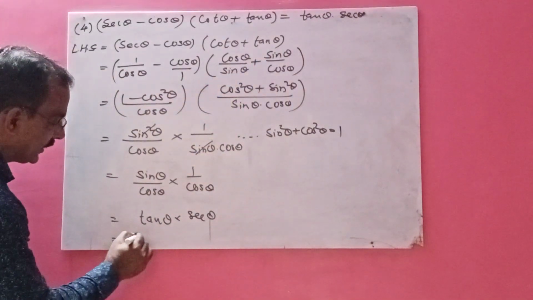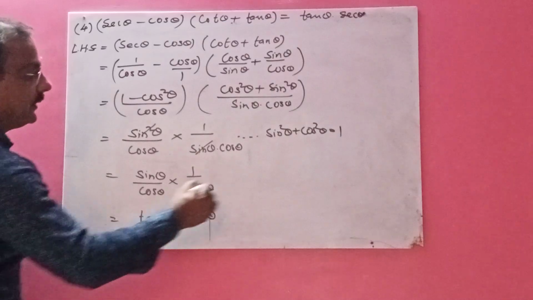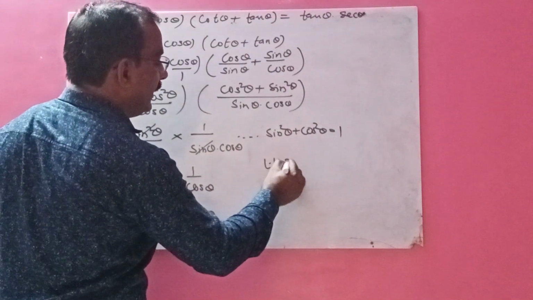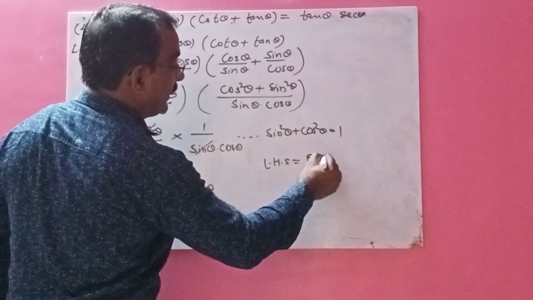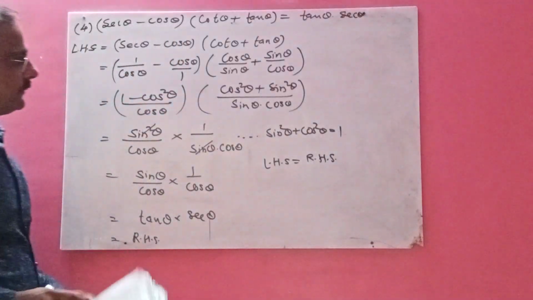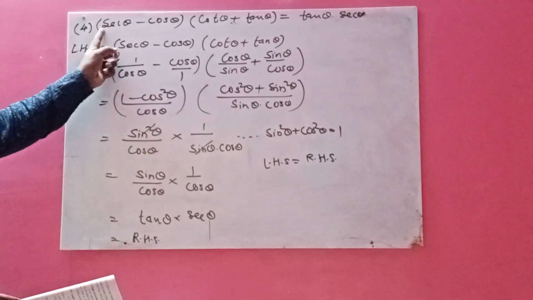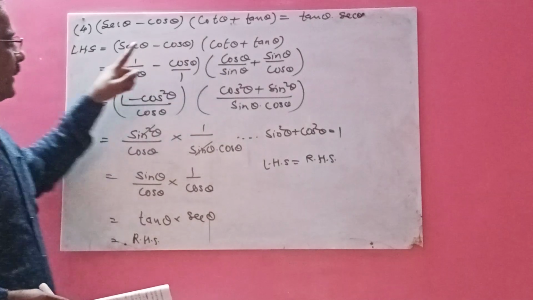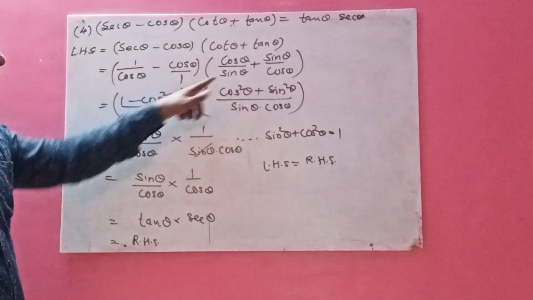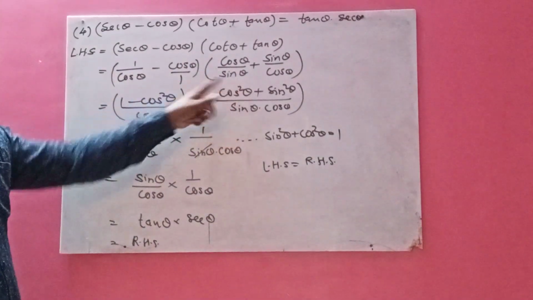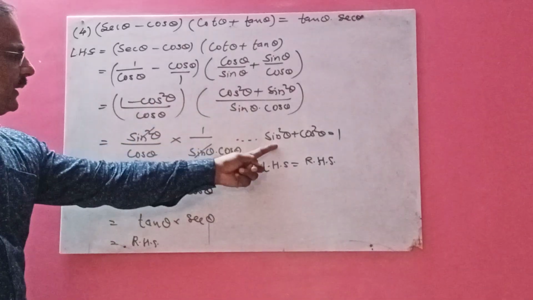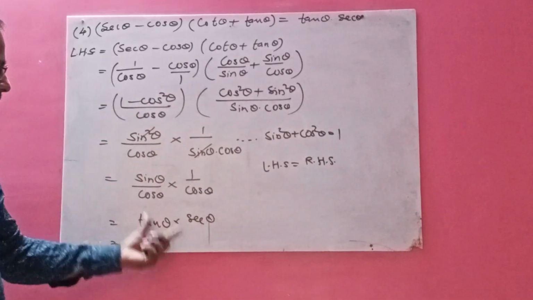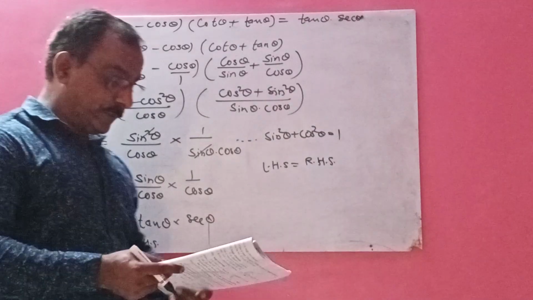So left hand side is equal to right hand side. Understood this one? I have taken left hand side, converted into sin and cos, then cross multiply, use the formula, substitute the values, get your answer. So it's a simple problem.